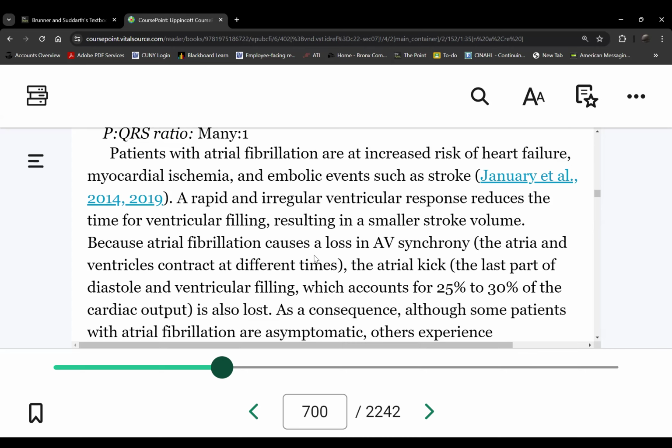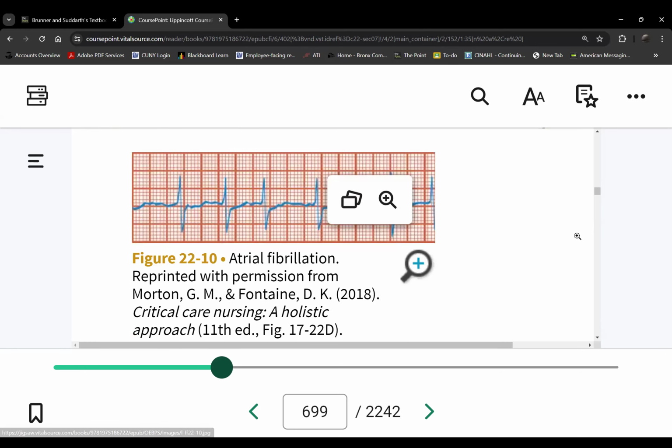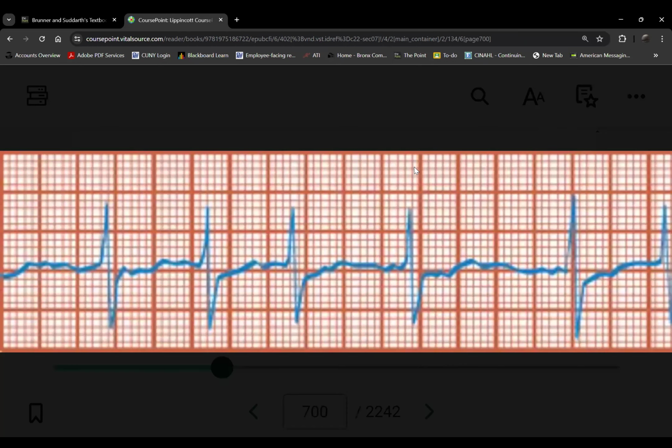Because what happens when the rhythm is like this? So are the atria really contracting here? Because there's no P wave. So remember, what does P wave mean? The SA node fire the electrical impulse and the atria contracted. So we don't have P wave.